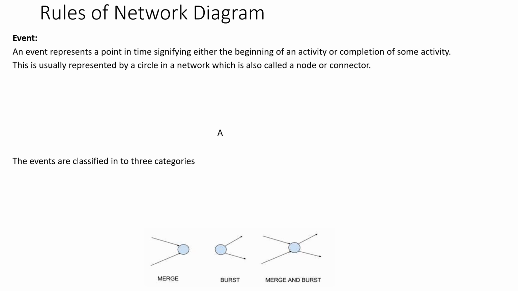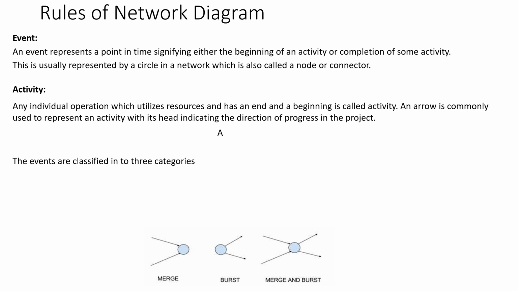An event represents a point in time which signifies either the beginning of an activity or completion of the activity. An event is usually represented by a circle in a network. This is also called as a node or connector. An activity is an individual operation which utilizes resources and has an end and a beginning.